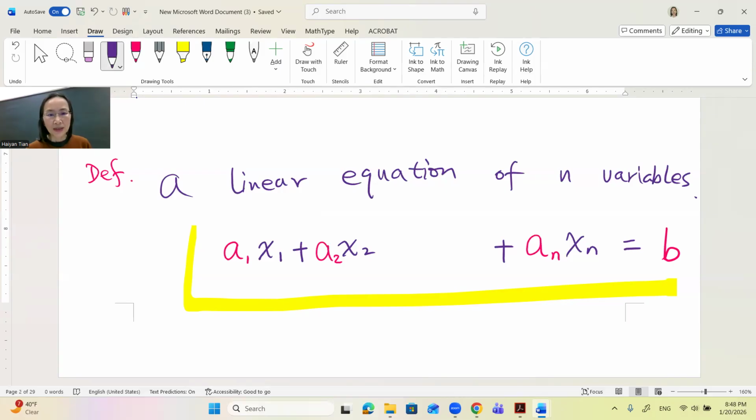A linear equation is defined by this form. x1, x2, ..., xn are the n variables of the equation, and the coefficients are a1, a2, ..., an, and b is a constant on the other side of the equation.